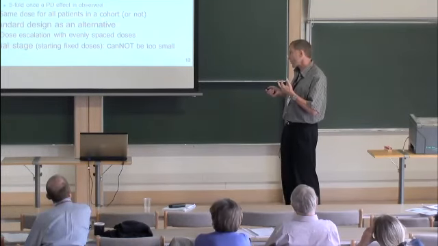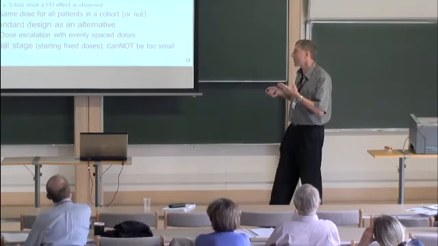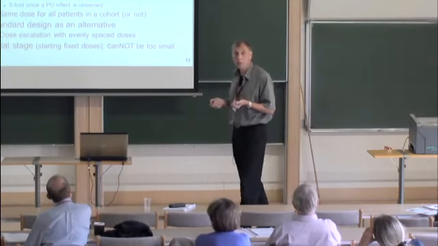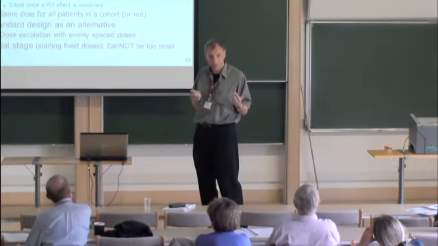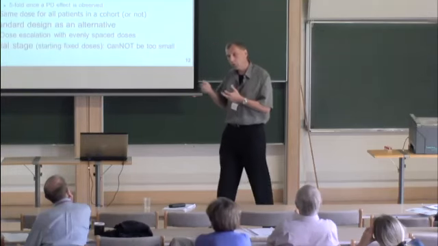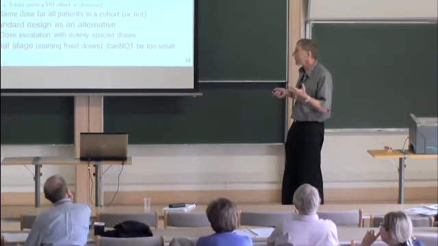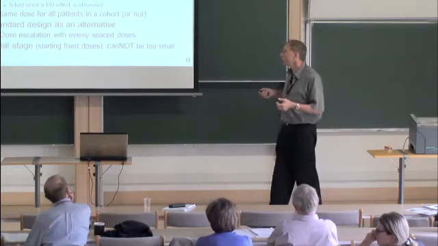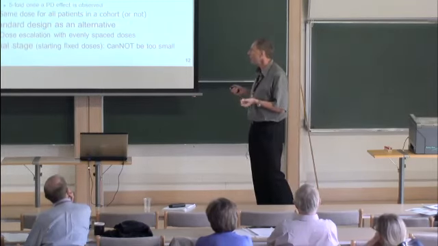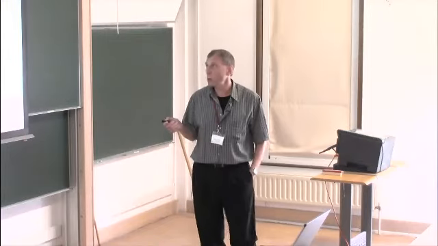Another practical constraint: we could select the same dose for all patients in a cohort, and this is again a practical restriction very often because you don't want to give different doses to different patients within the cohort, but in principle we had an option to select arbitrary doses for patients in the same cohort.